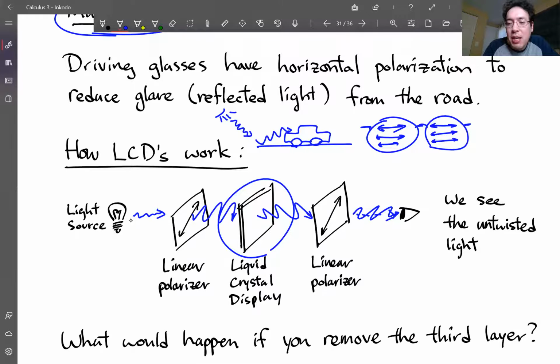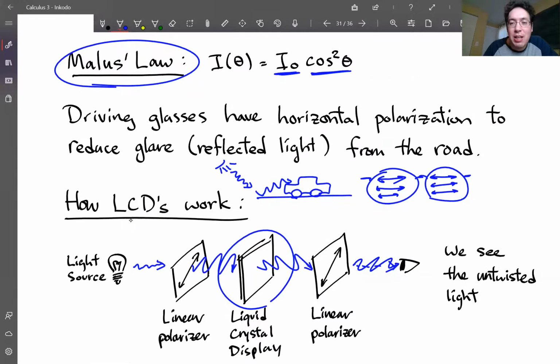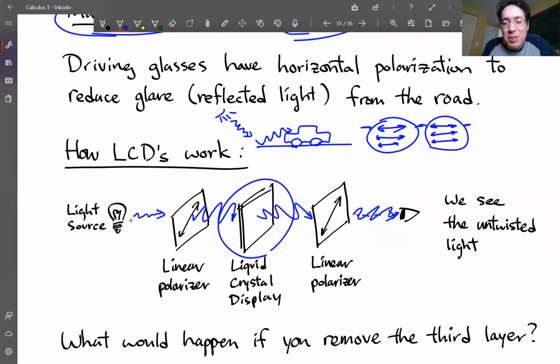And you can control how much of the light goes through by twisting just some of it, so the intensity can be controlled by cosine squared theta. So you can get the correct intensity that you want for that pixel. I'm saying pixel, but really you're doing it for 3 different color lights, right?